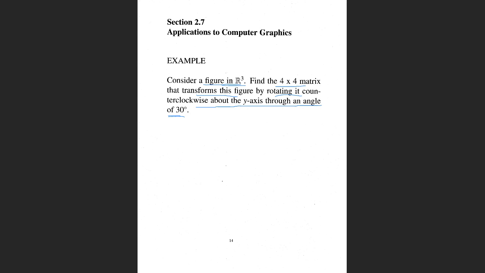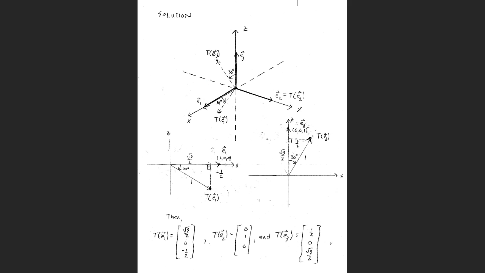So let's go to the solution here, and right away I have a picture. How do you think I get these lines so straight, class? What tool do I use to get these lines so straight in my three-dimensional picture?